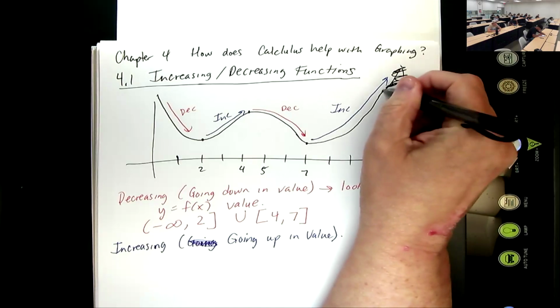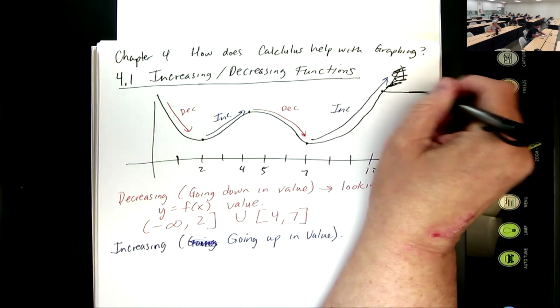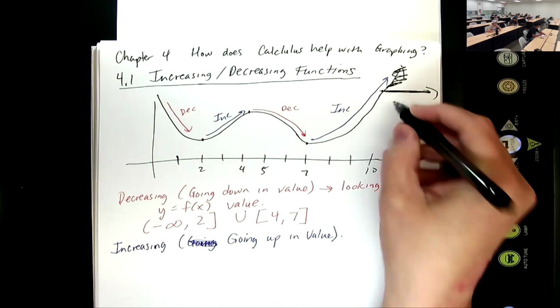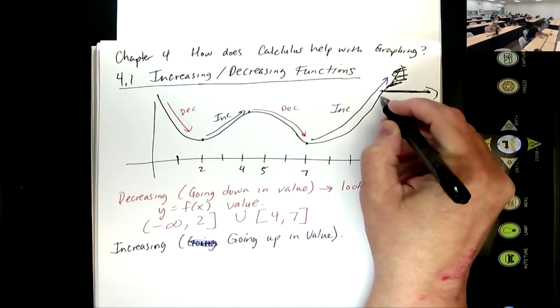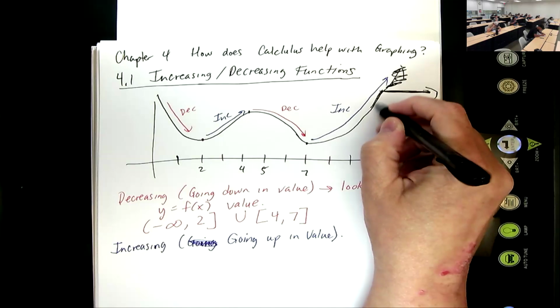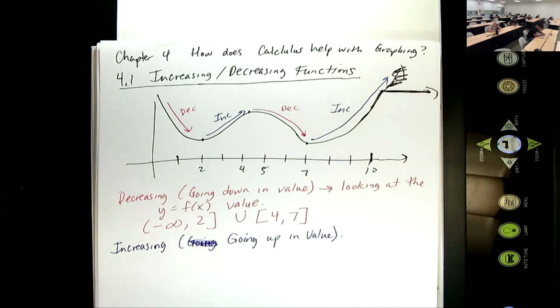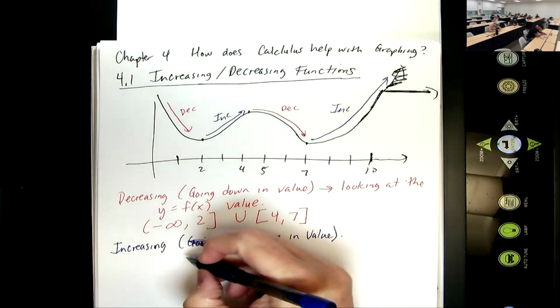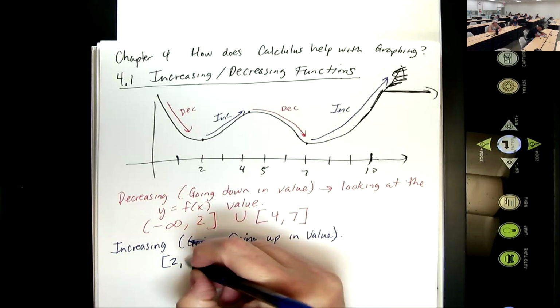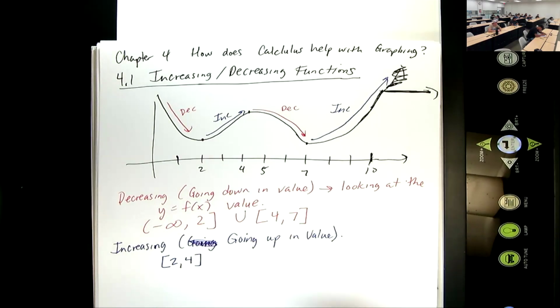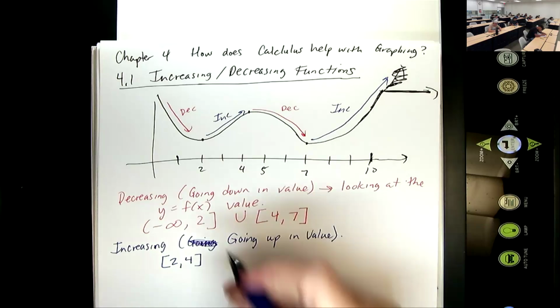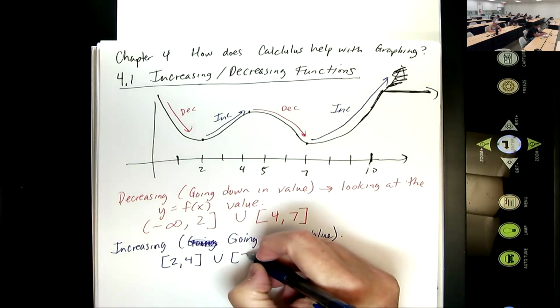Let's make it where it's not increasing or decreasing, let's make a flat line. So that'll happen at 10. So here it's increasing from 2 to 4. And it's also increasing from 7 to 10.